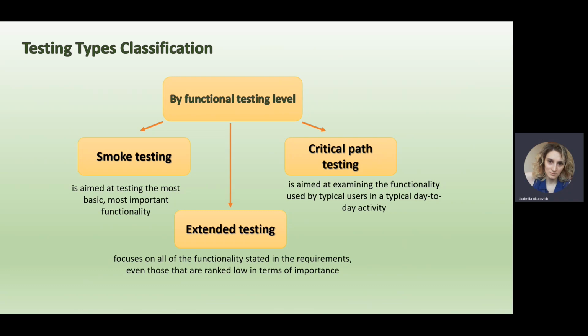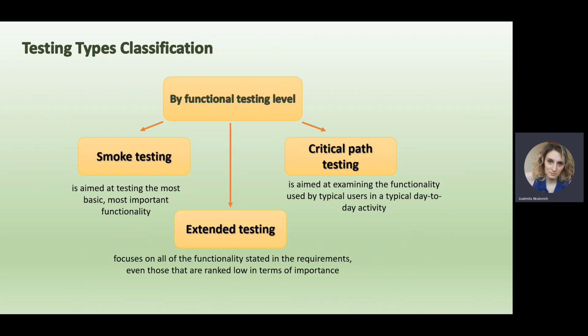Critical path testing is aimed at testing the functionality that is usually used by typical users in their daily activities. This is like authorization in their, I don't know, work application, maybe making different kinds of mistakes, but these are usual activities.